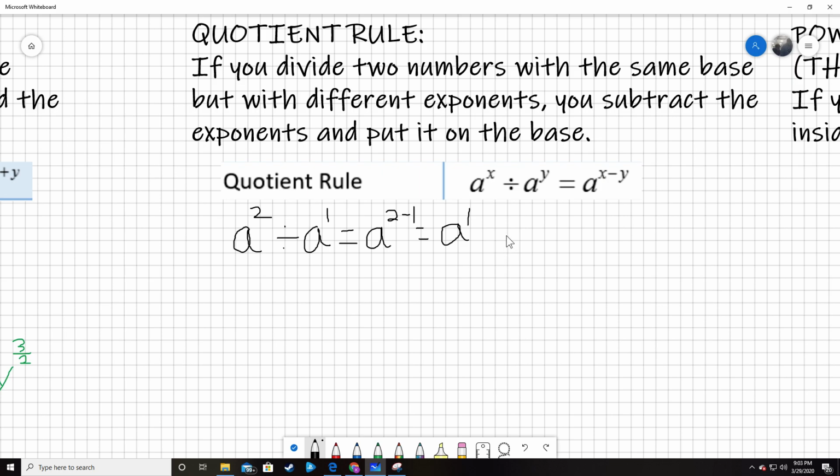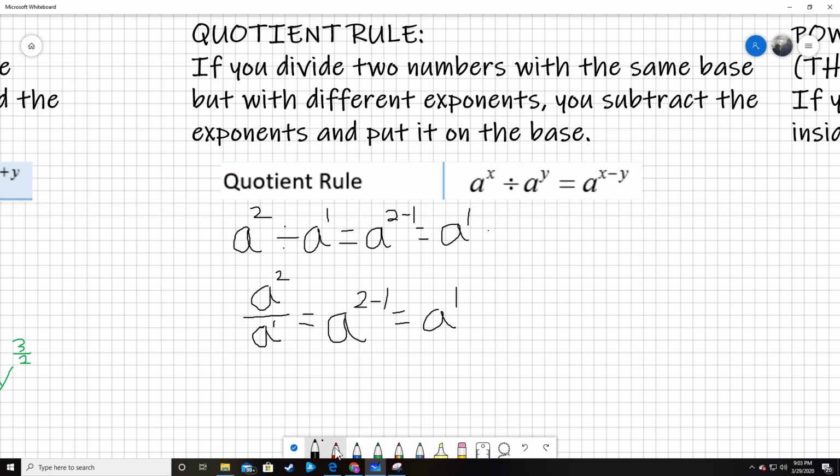Now, conversely, they could write this same problem as a to the second over a to the first. All this means is we're still subtracting. So we're always going to take the exponent from the first one and subtract it from the exponent on the second one. So we got a again to the 2 minus 1 power. And that gives you, again, a to the first.